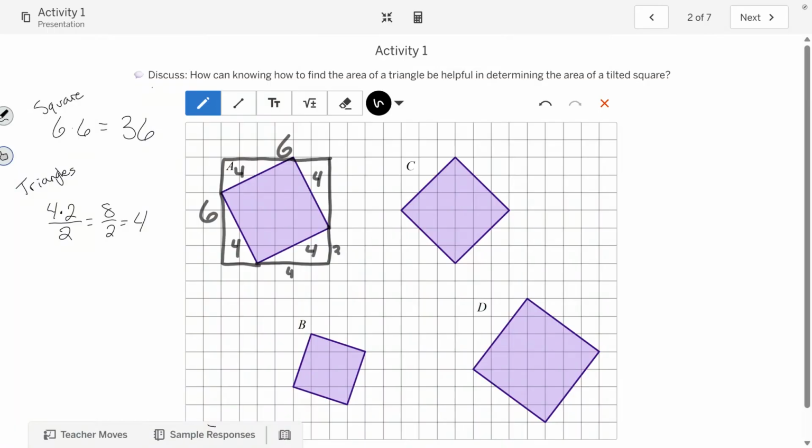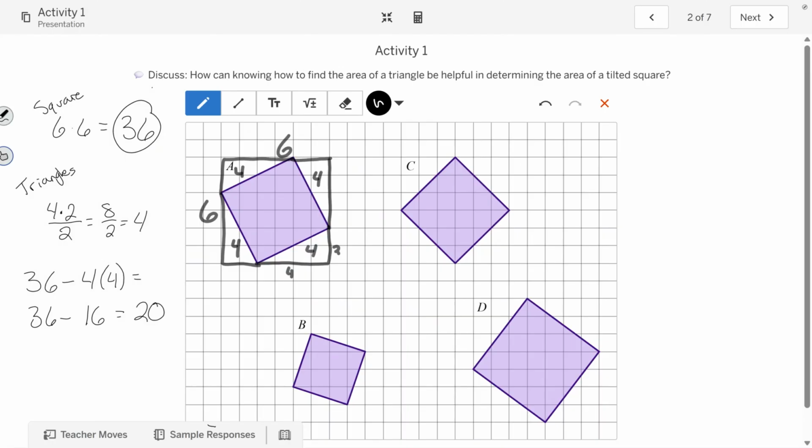And then using the strategy from the last one, what we're going to do is take our total here, 36, minus 4 triangles that each equal 4, so 4 times 4, and that's going to give us our area. So 36 minus 4 times 4 is 16, and 36 minus 16 is 20.